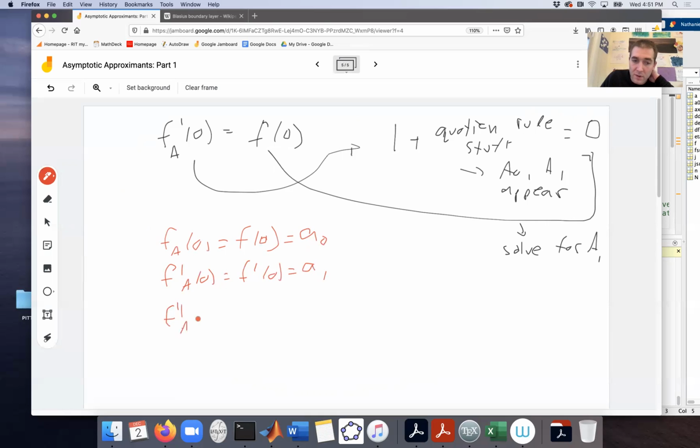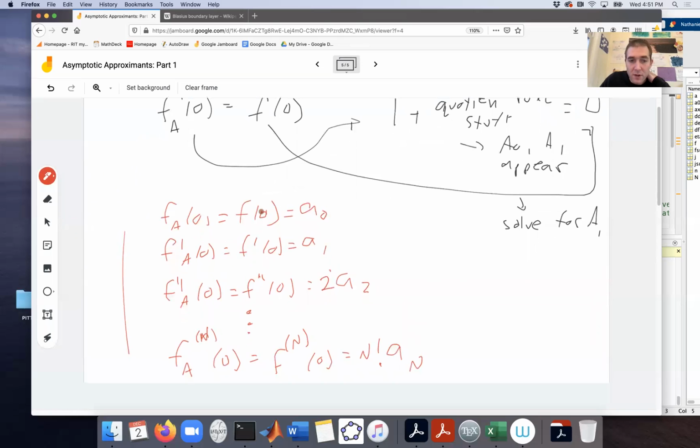The second derivative equals f double prime of 0, and that's 2 a sub 2, etc. The capital Nth derivative of 0 would be capital N factorial a sub capital N. So it's a system of linear equations.